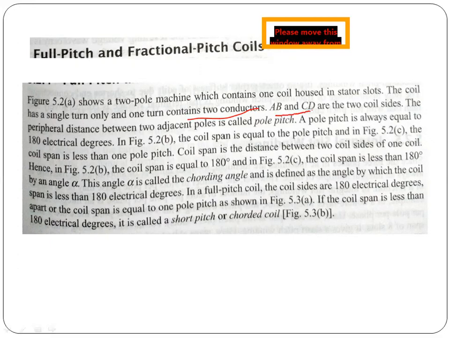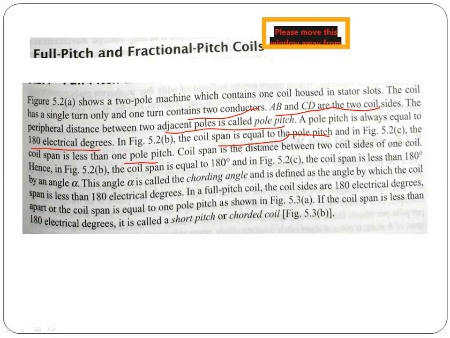AB and CD are the 2 coil sides, and the peripheral distance between 2 adjacent poles is called pole pitch. A pole pitch is always equal to 180 electrical degrees.